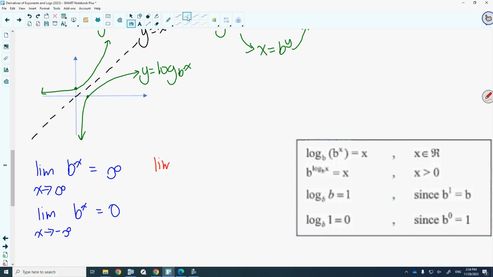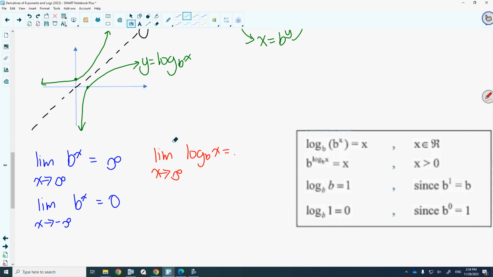Now what we could do is look at my log graph. And I could say, okay, what is the limit as x approaches infinity of log base b of x? Shaywa, what would that answer be? It would be infinity.